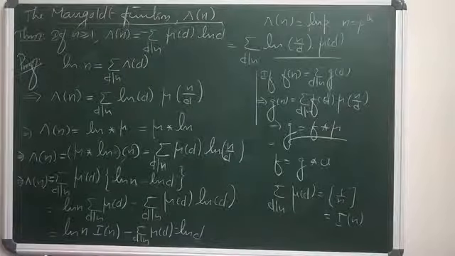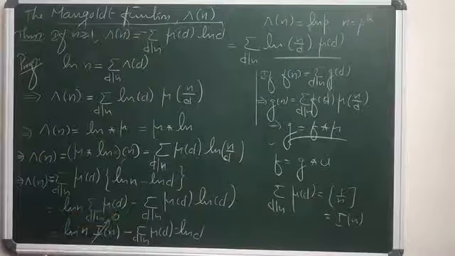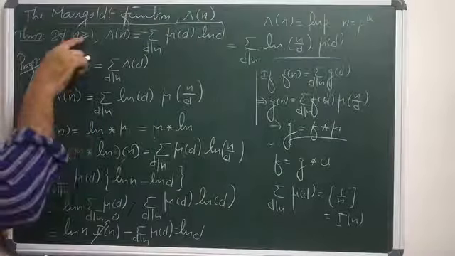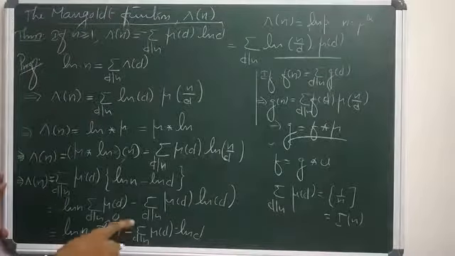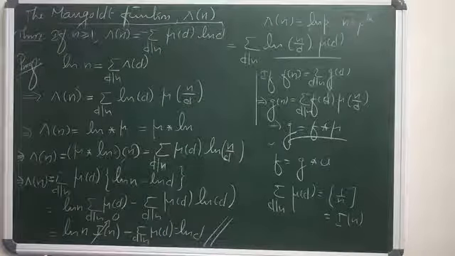So when n equals 1, log n equals 0, and when n greater than 1, I of n equals 0. So for n greater than or equal to 1, the first term always goes to 0. What remains? For n greater than or equal to 1, lambda n equals minus sigma d divides n, mu of d into log d. So that is our requirement.